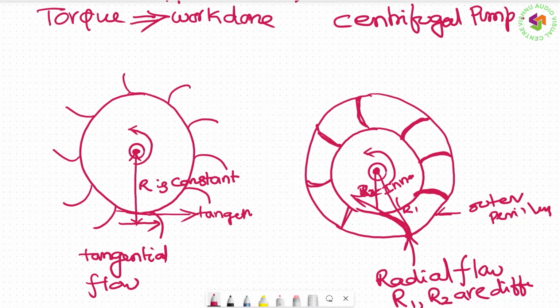Here I will stop. In this lecture, we have found out how to derive the equation for work done in the case where the flow is radial. It enters at the outer periphery and leaves at the inner periphery. Of course, the opposite is also possible: it enters at the inner and leaves at the outer.